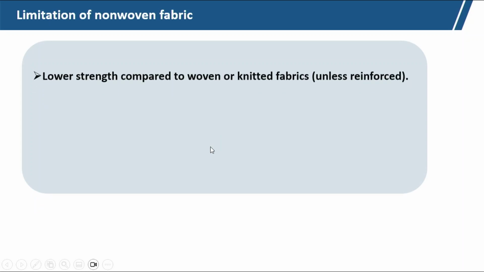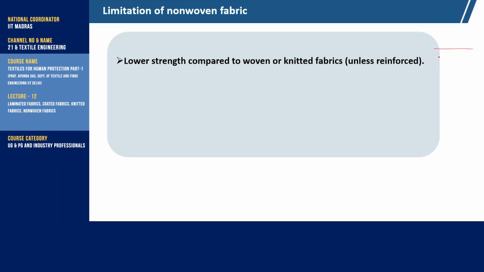The limitations of nonwoven fabric are low strength compared to woven and knitted fabrics. So, the strength, structural integrity, and dimensional stability are low. To enhance strength, sometimes we actually use a scrim.